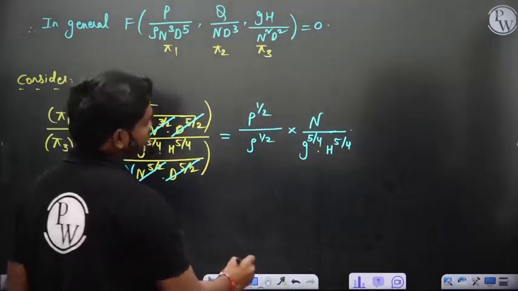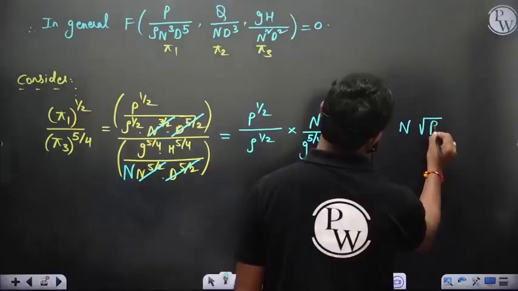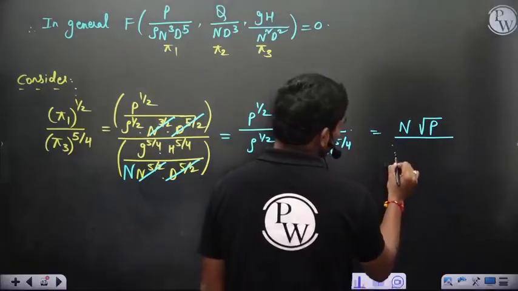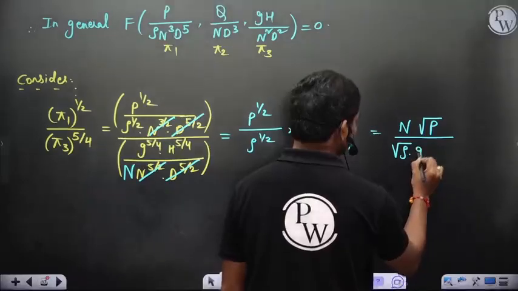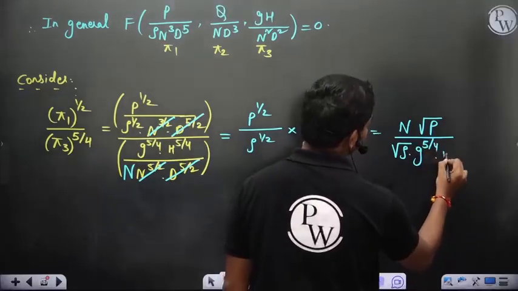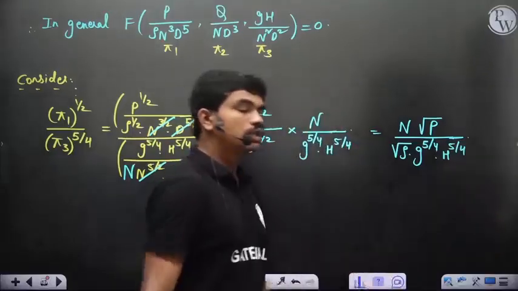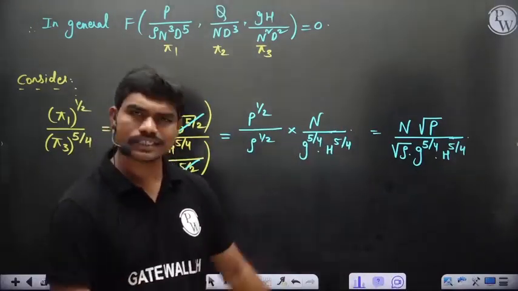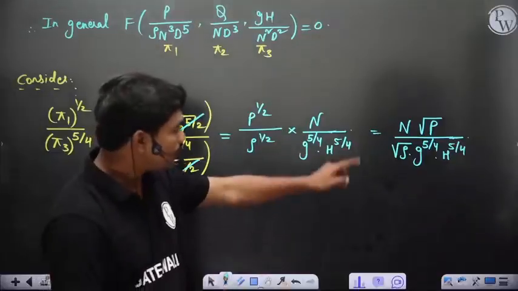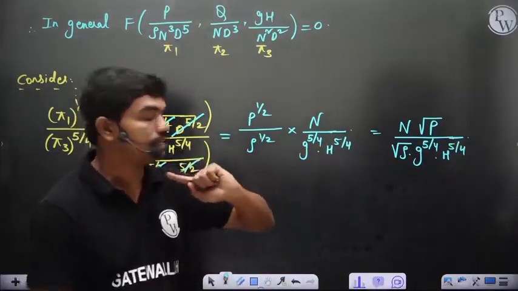So if you observe this, this is something like n root p by root rho into g power 5 by 4 into h power 5 by 4 actually here. Okay, so this tells you something about some quantity. It's a dimensionless quantity of course.